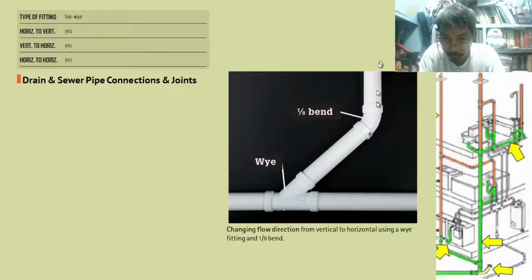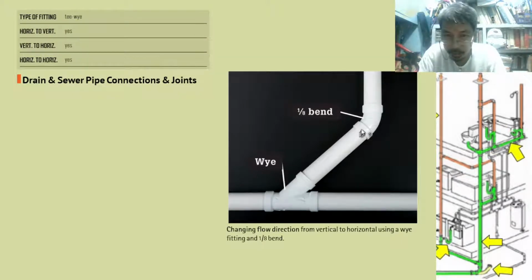From vertical, meaning here is the drain or waste stack, going here. This is Y, and it is very efficient and effective in changing the direction from vertical to horizontal without much obstruction and trouble of clogging.